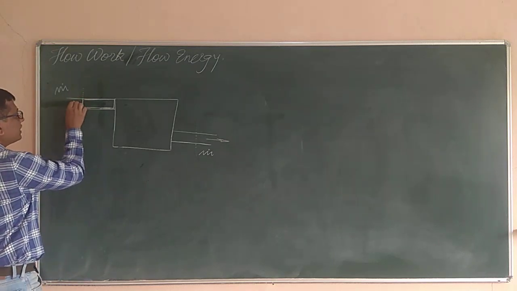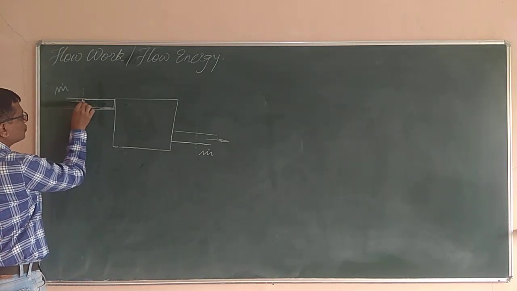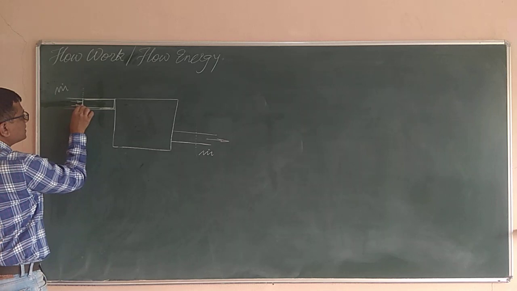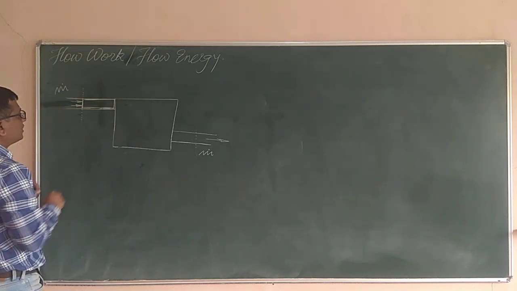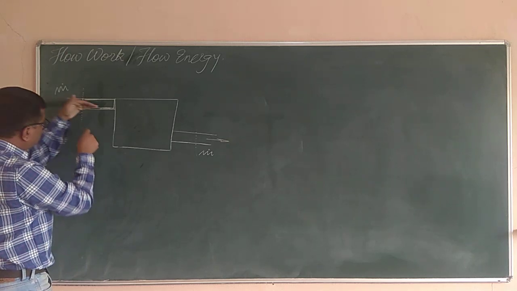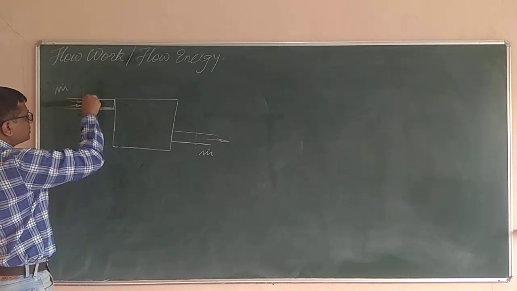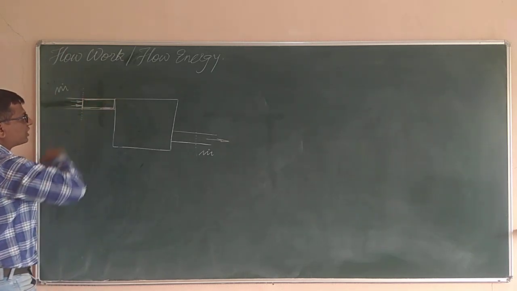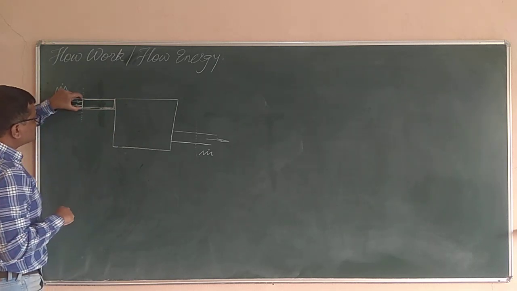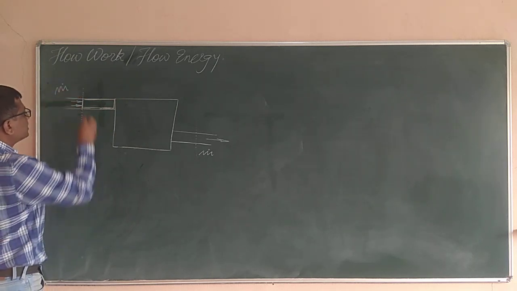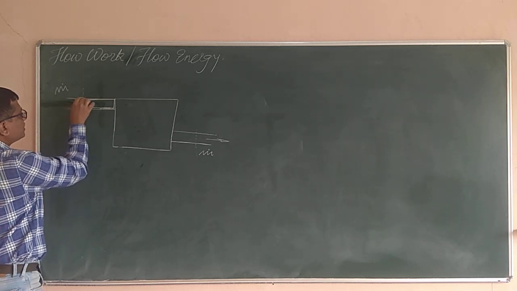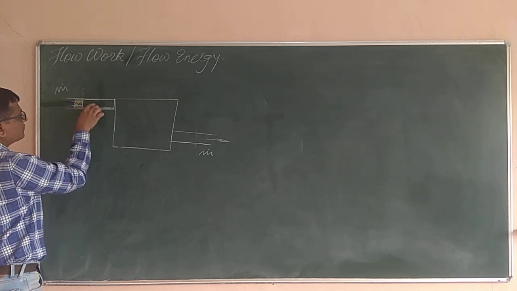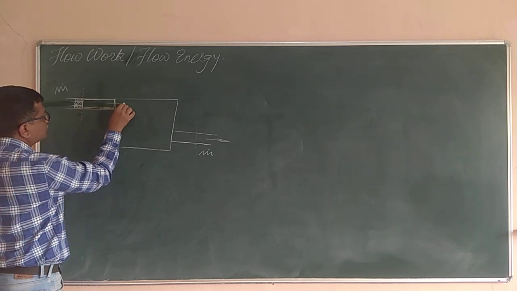The fluid over here has to exert some force onto this layer. Imagine that this is a small rectangular fluid element and the fluid is flowing. At one section of this fluid element, consider a piston, and that piston is applying a force onto that fluid element so as to push it into the system.